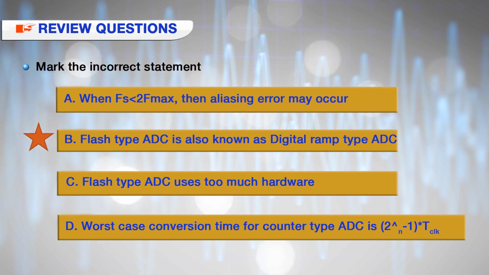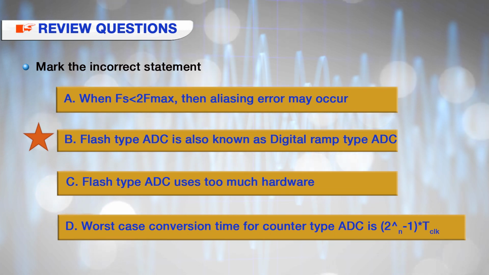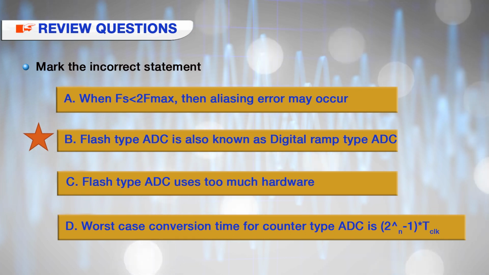This option is incorrect because digital ramp type ADC is actually counter type ADC. Third statement here is flash type ADC uses too much hardware. This is a correct statement. And last statement is worst case conversion time for counter type ADC is 2 to the power n minus 1 into T clock. This statement is also correct. So, here incorrect statement is option B.